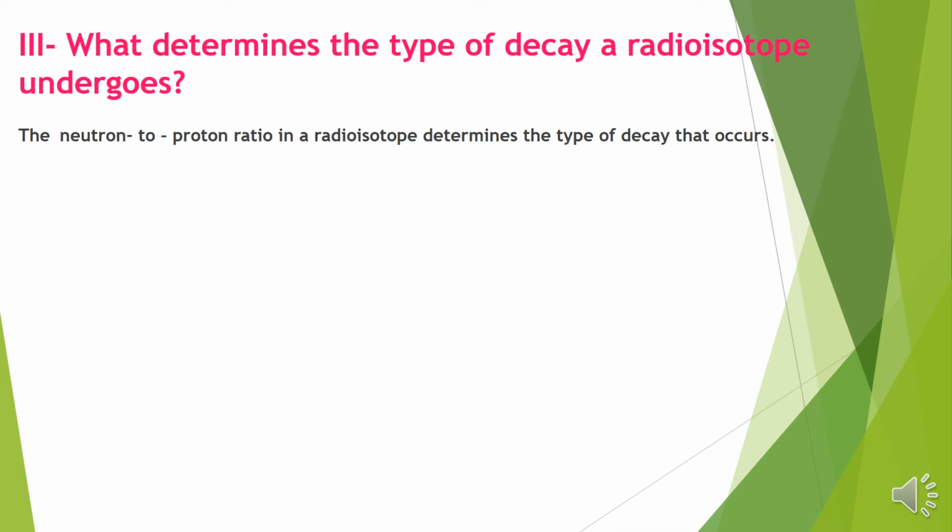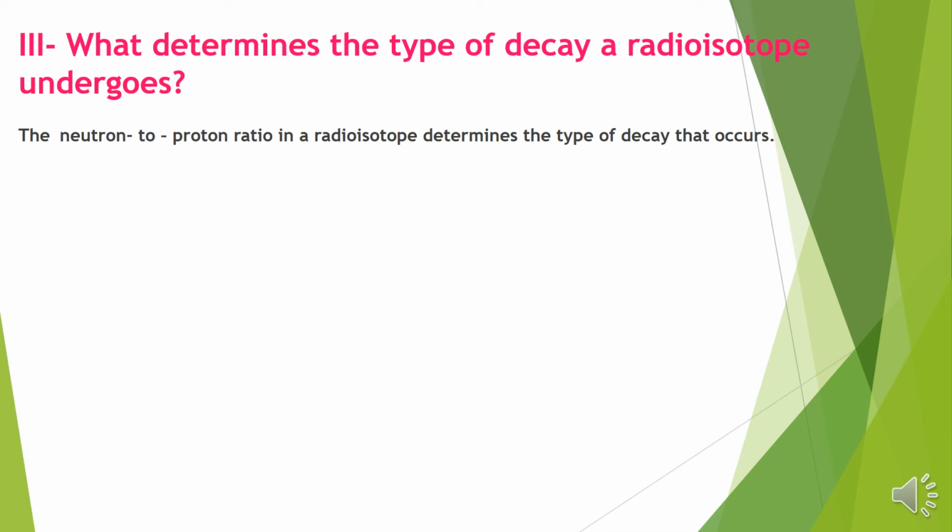Now, how do we know that this atom is stable and the other atom is not stable? We have to take the ratio of neutron to proton. In a radioisotope, it determines the type of decay that occurs. And what do we mean by decay?